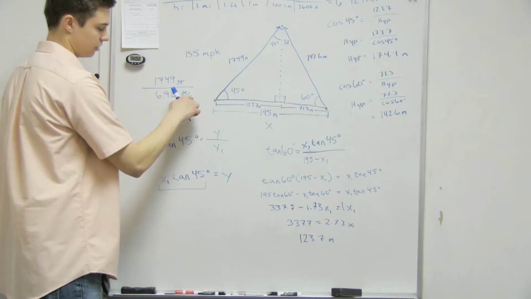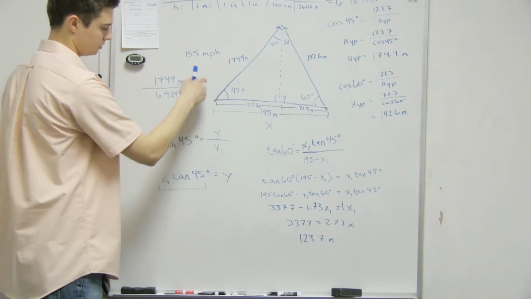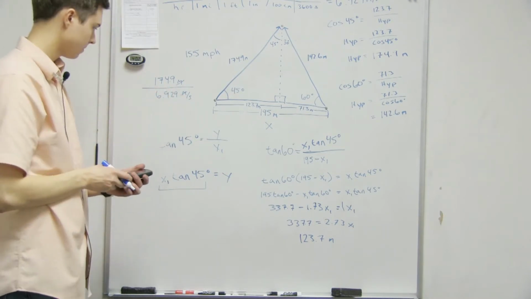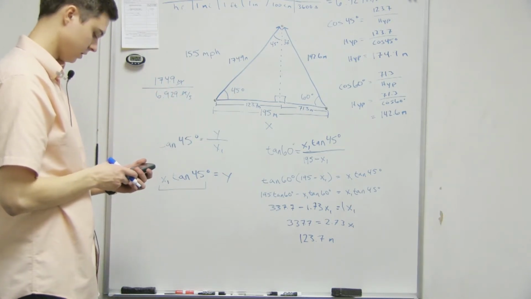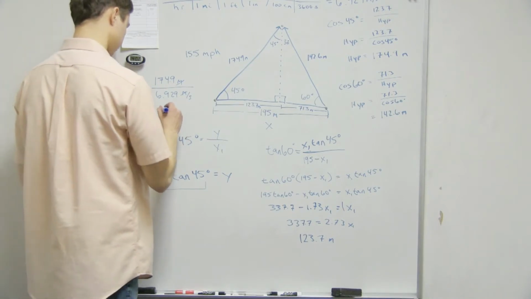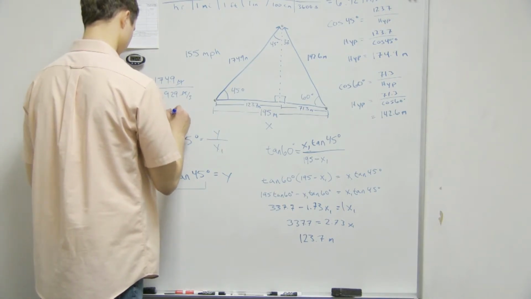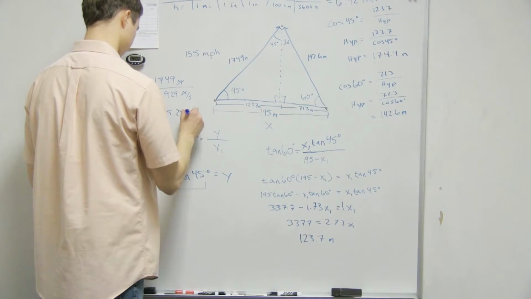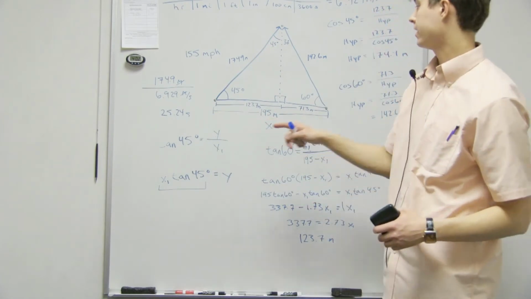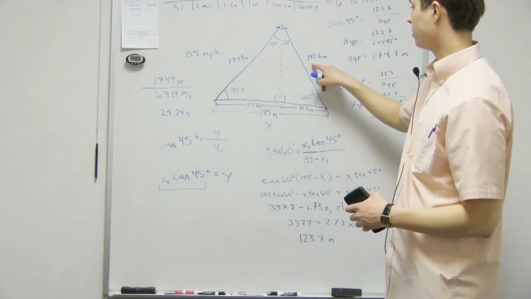Since seconds are in the denominator of the denominator, it goes on top, and we'll be left with seconds. 174.9 divided by 6.929 is 25.24 seconds.